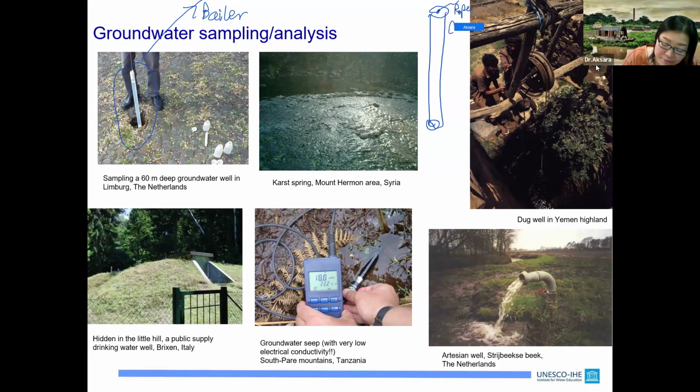In the past, when we're not dealing with very deep sample collection, we can just use rope. But when we deal with very deep wells, the rope is not strong enough. So we need to replace it with the cable.